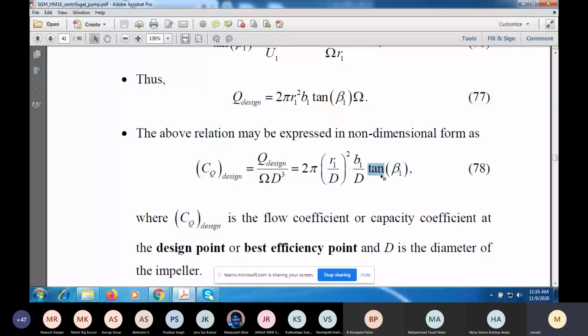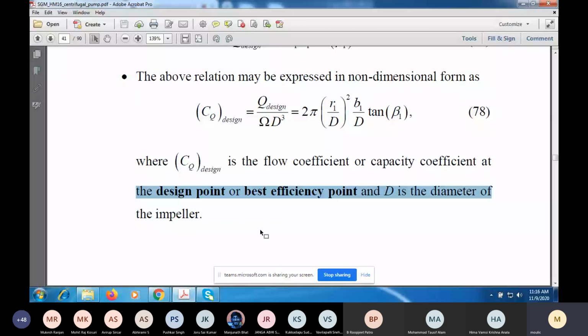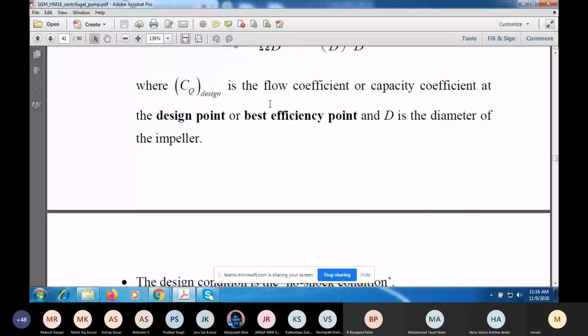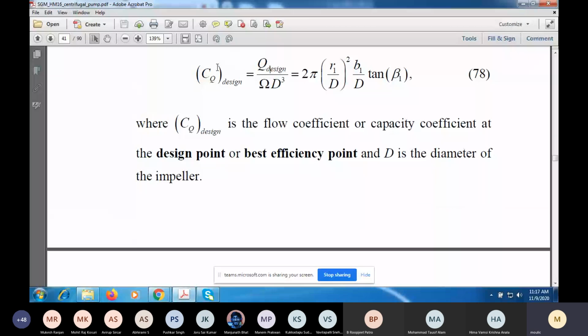This is a prediction of one-dimensional theory. This is what you may call the design point or the best efficiency point, where the efficiency of the machine will be maximum. So the relation between Q design and omega is a linear relation. Q design will be this constant C Q design times d cubed times omega.